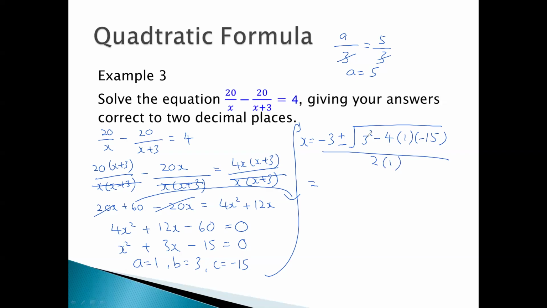Now you notice I didn't put my bracket here because it's positive. It doesn't matter whether I put a bracket or not. So simplify the square root. I get 69 over 2. So x = (-3 + √69)/2, or x = (-3 - √69)/2. And let's calculate our answers.